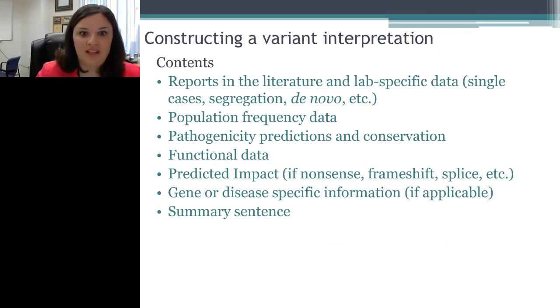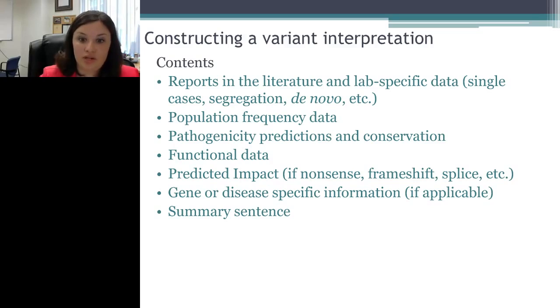So once we're done and we've classified a variant, how do we construct a variant interpretation? The contents of variant interpretations should include a lot of the things that we've already talked about before. So reports in the literature and any lab-specific data that you may have from testing this gene or disease previously. We should always include the population frequency of this data, any pathogenicity prediction programs and conservation that we have seen, any functional data.